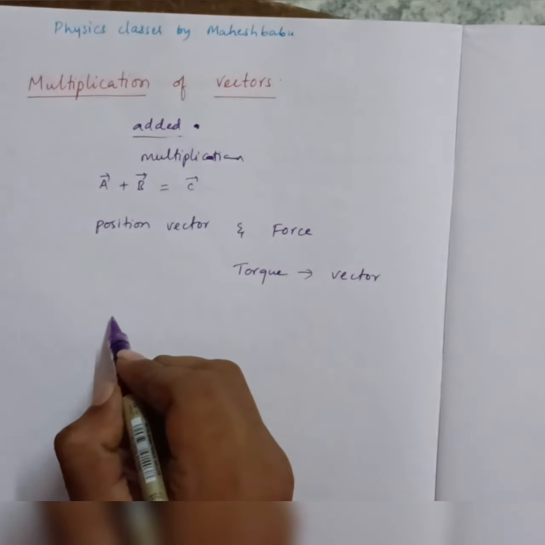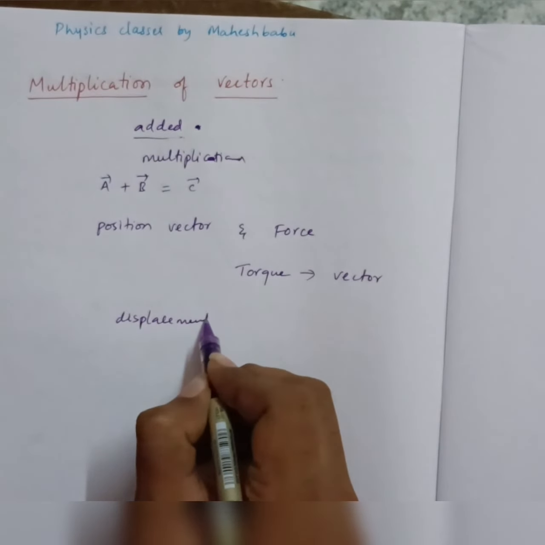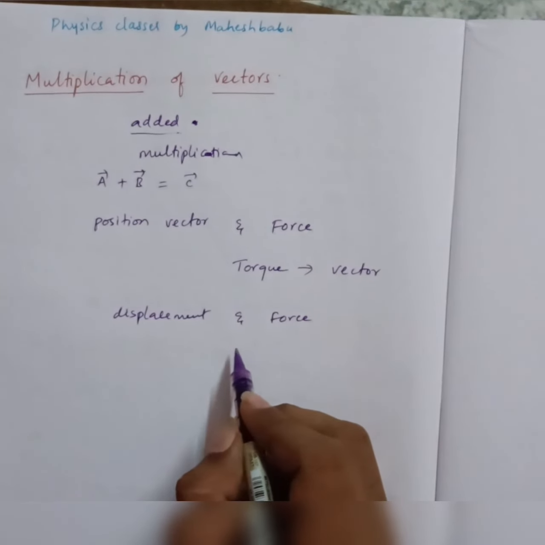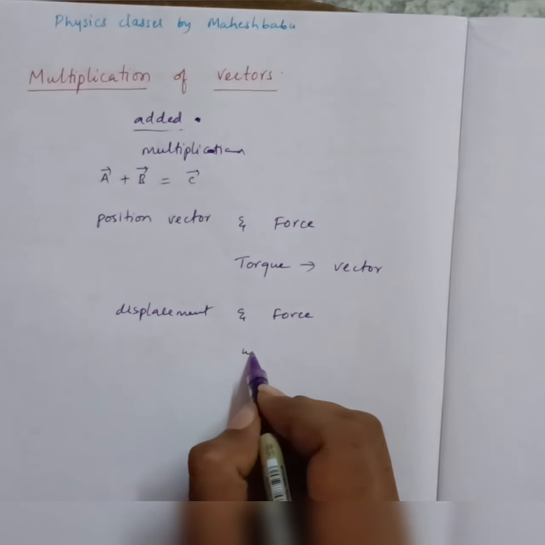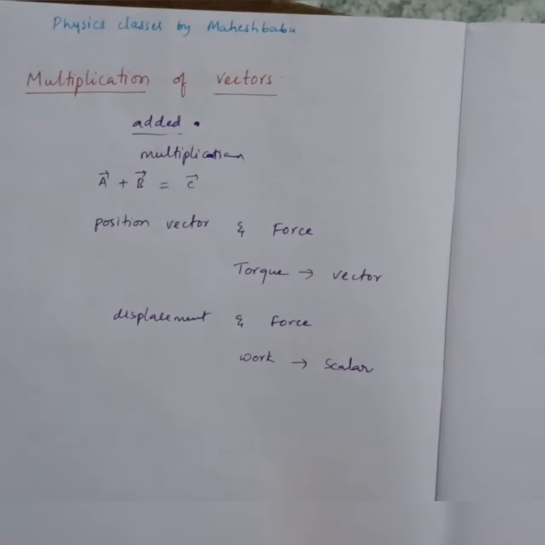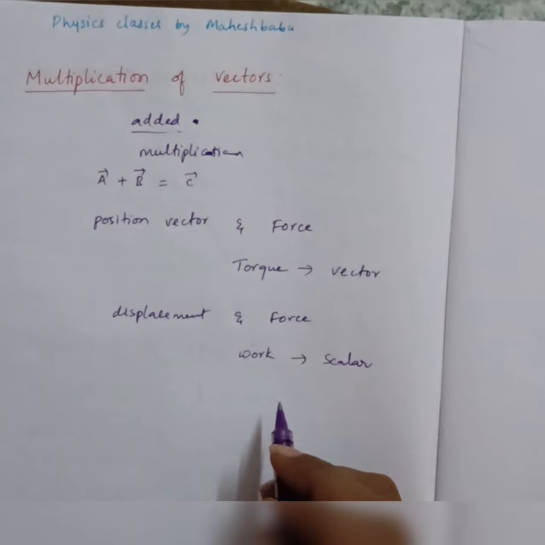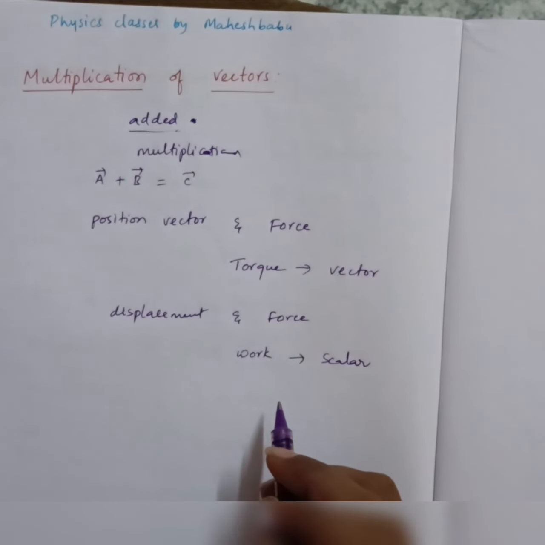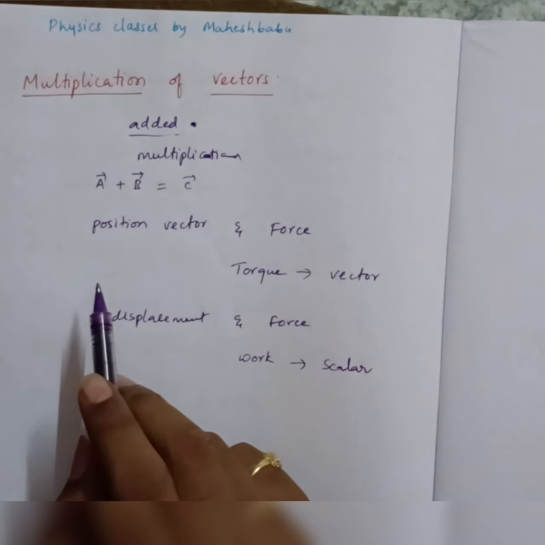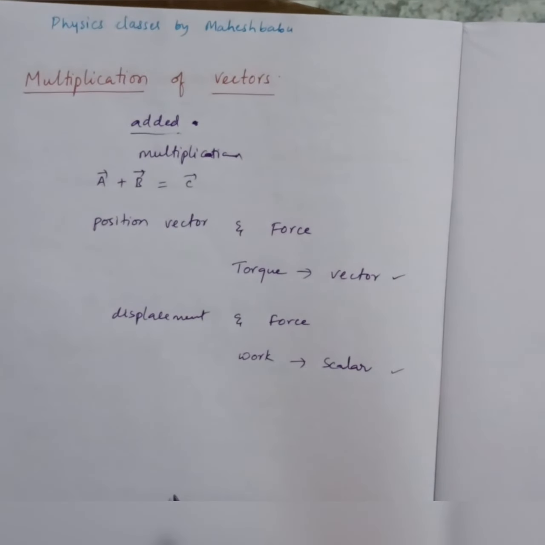Now if you take displacement vector and the force vector, and multiply these two, we will get work. It's a scalar. Based on the quantities we have taken, multiplication of two vectors may be either vector or scalar.